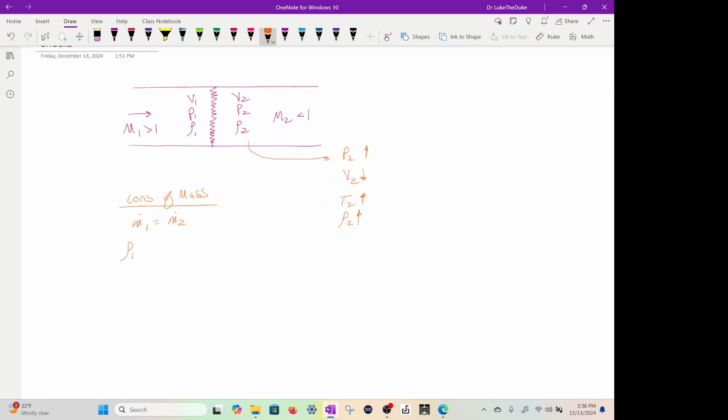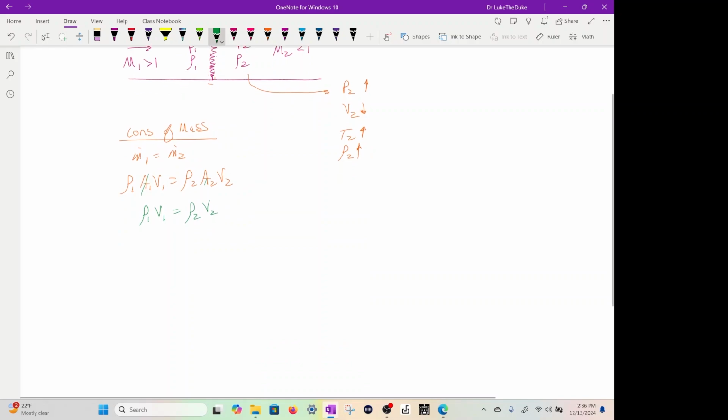So we have rho 1 A1 V1 equals rho 2 A2 V2. We're looking right at the shock, so that's our control volume, and the areas are the same. So we get rho 1 V1 equals rho 2 V2. Leave that there for now.